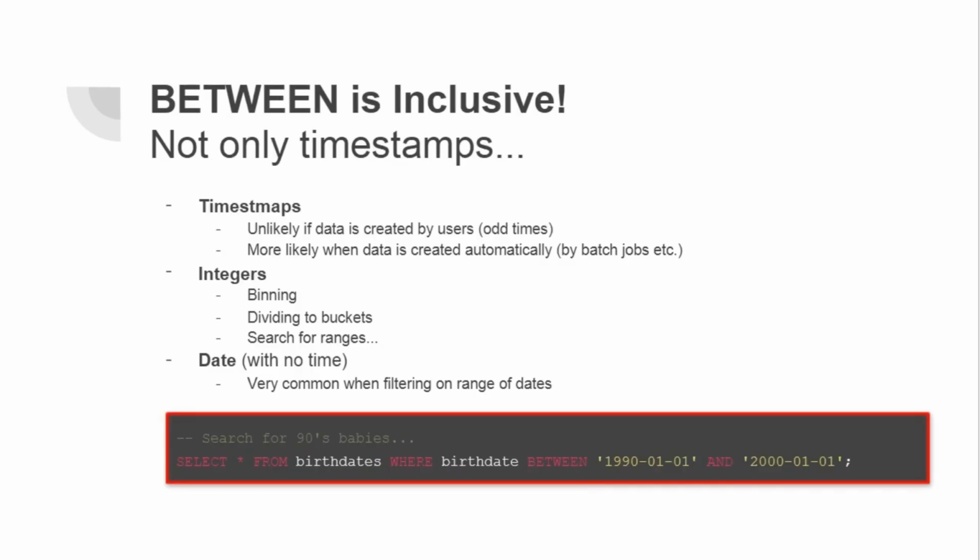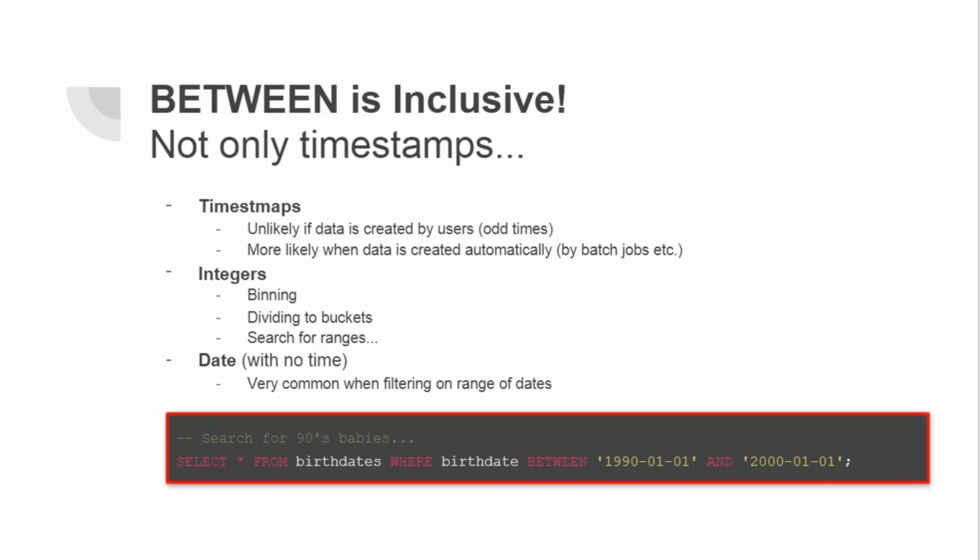So I know that this mistake is very unlikely with timestamps, because for sales that are created by the user, the chance that someone would create a transaction at exactly midnight, 0.000 microseconds, is close to nothing.